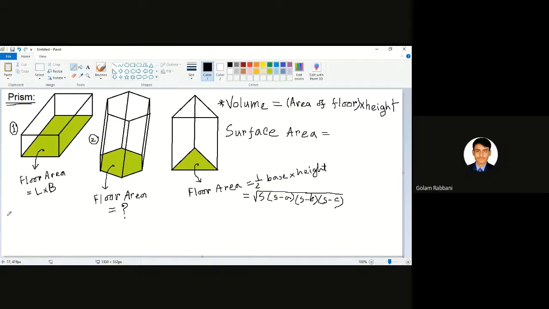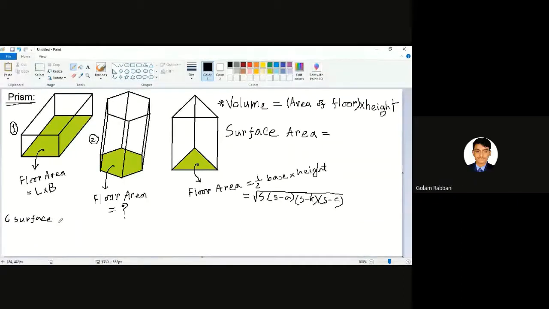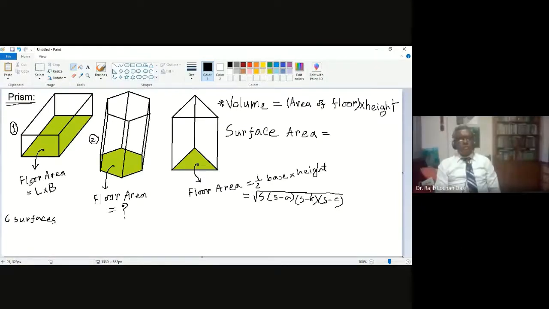Sir, there are 6 sides. Six surfaces. So are all the surfaces equal? No, sir. No, there are some the same, say left side and right side, down and up, and this and that. Some are equal but not everyone.